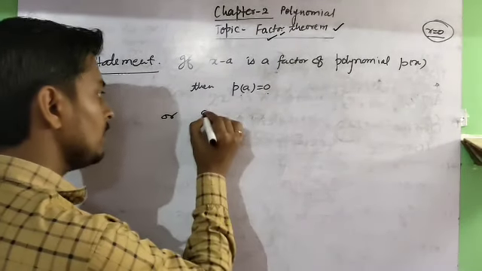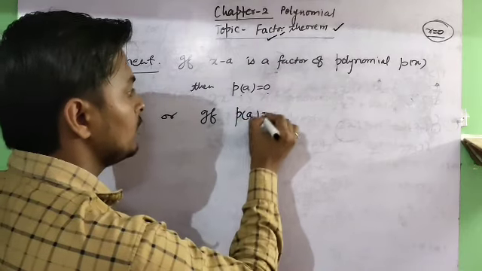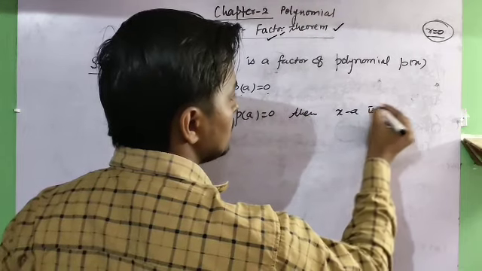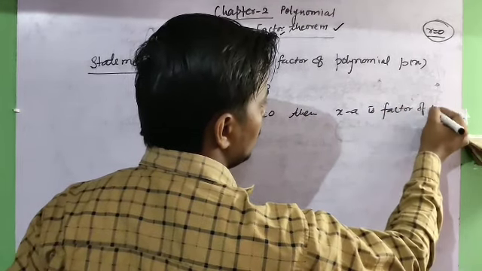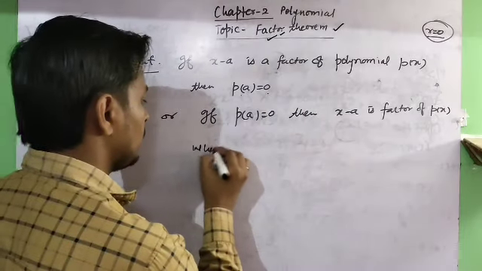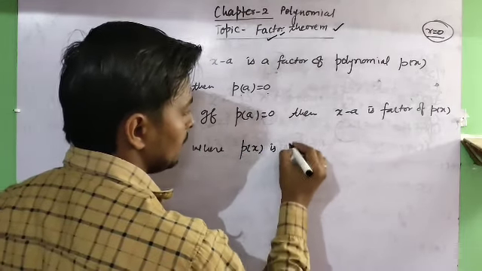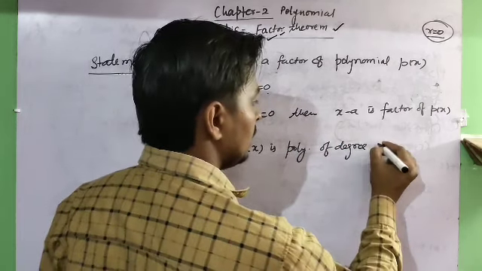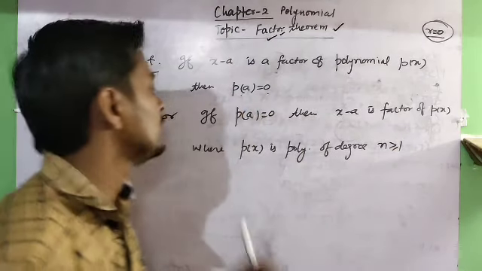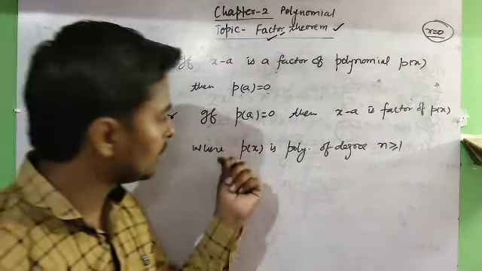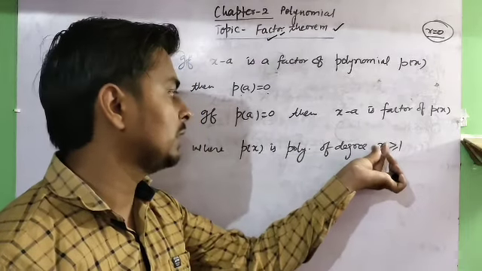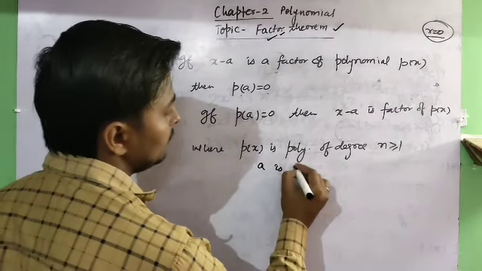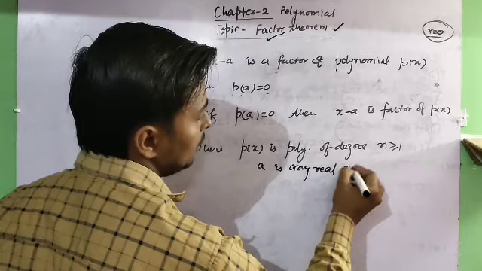Or if pa is equal to 0, meaning remainder is 0, then x minus a is a factor of px, where px is a polynomial of degree n greater than or equal to 1. Means px, just like yesterday, is a polynomial whose degree can be anything but it should be 1 or more, and a is any real number.